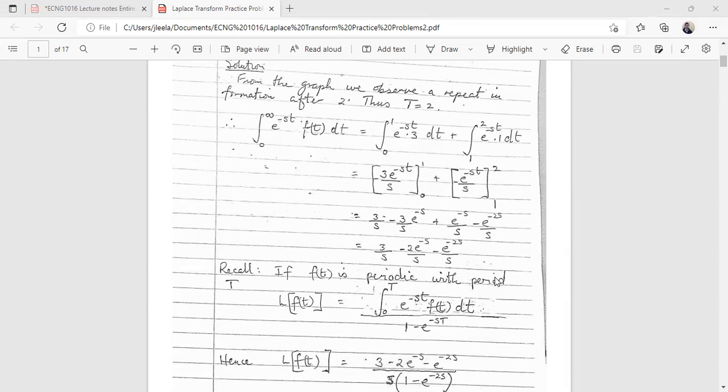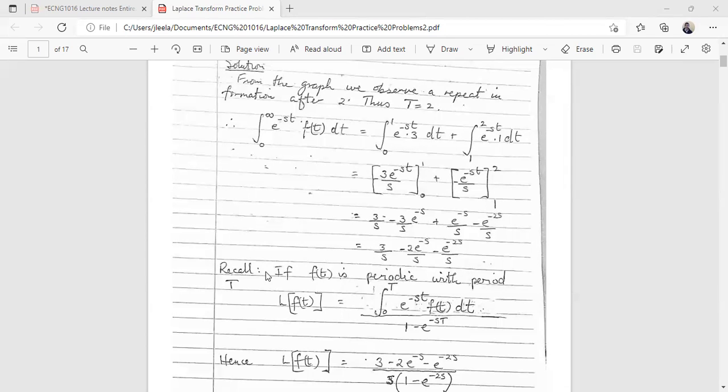Right? And then we could just simplify this: minus 3 e to the minus s over s plus e to the minus s over s. These two terms are like terms, you could combine them, so you'll get minus 2 e to the minus s over s. So this is the answer here, 3 over s minus 2 e to the minus s over s minus e to the minus 2s over s.